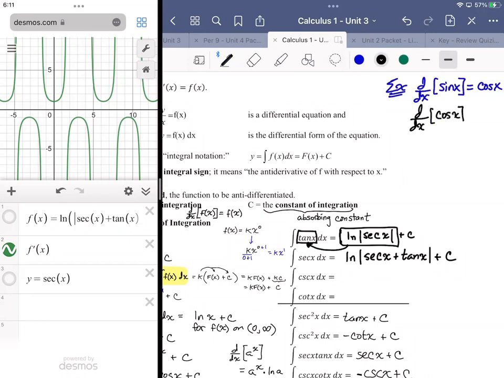cofunctions have derivatives that are negative cofunctions. Right? So sine and cosine are cofunctions of one another.